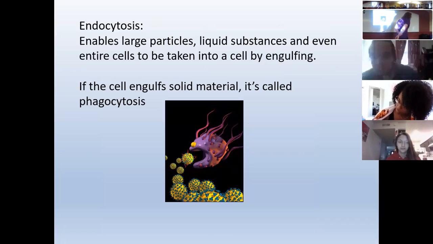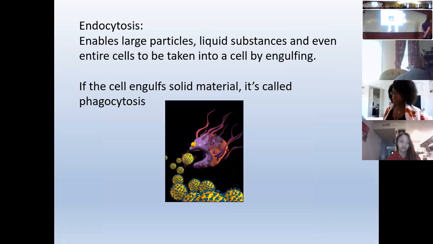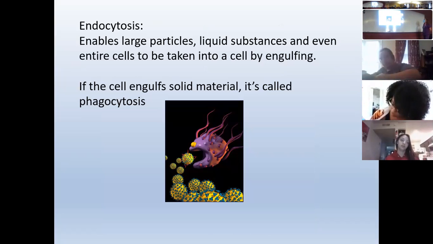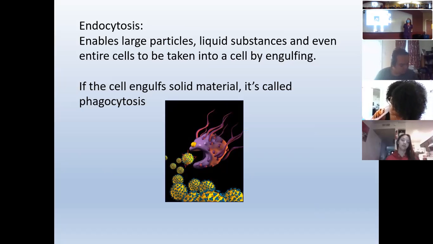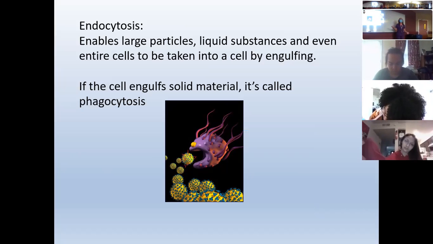All right, so let's talk about getting stuff into the cell, endocytosis. If my cell eats a solid particle, like me eating a Chipotle burrito, the term for this is phago, or phago, depending on who taught you. My instructor pronounced it phago. Other instructors here pronounce it phago. Both are correct.